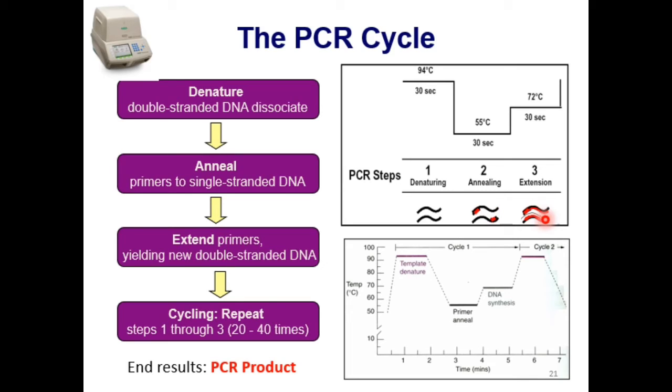Okay, and after the primers anneal, there will be an extension step, in which the DNA polymerase will come and extend the primer again and again. How? By adding new nucleotides which are complementary to the DNA.